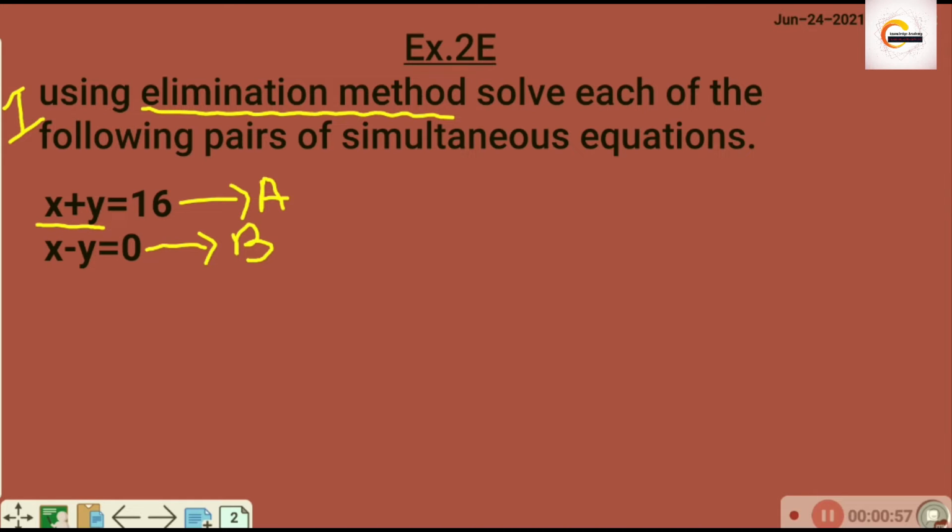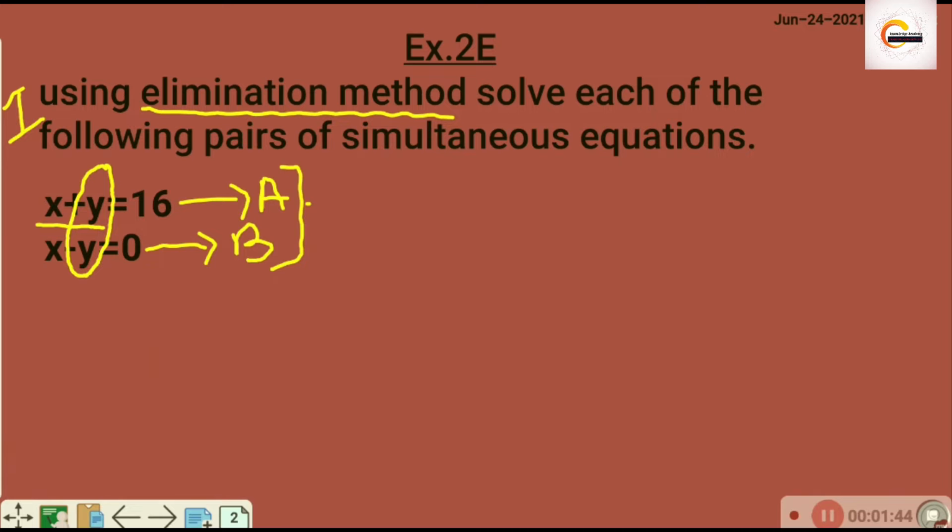Here, variable y in both equations has the same coefficient. We can take the x variable, but we are considering the y variable. In such cases, when the variable in both equations has the same coefficient, what are we going to do? Let's see.